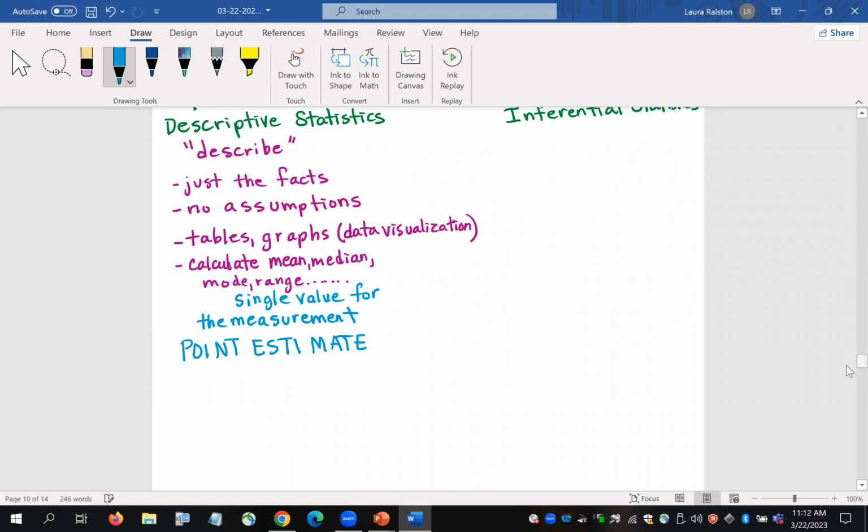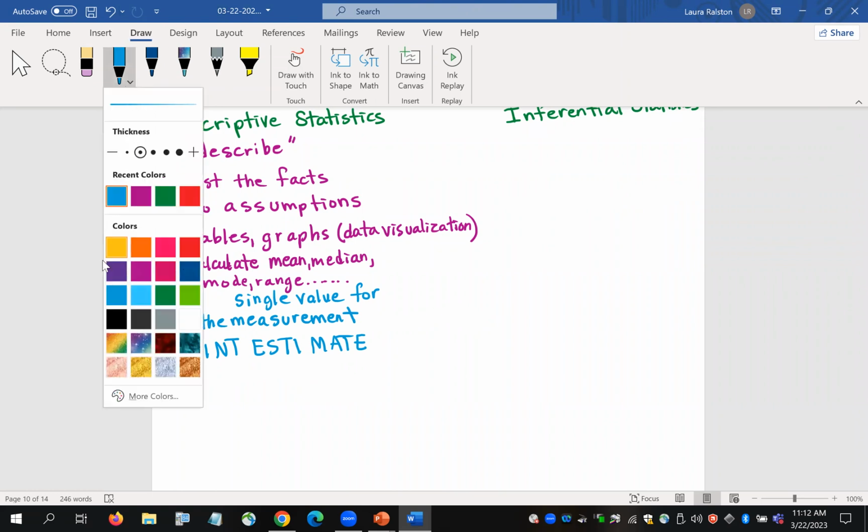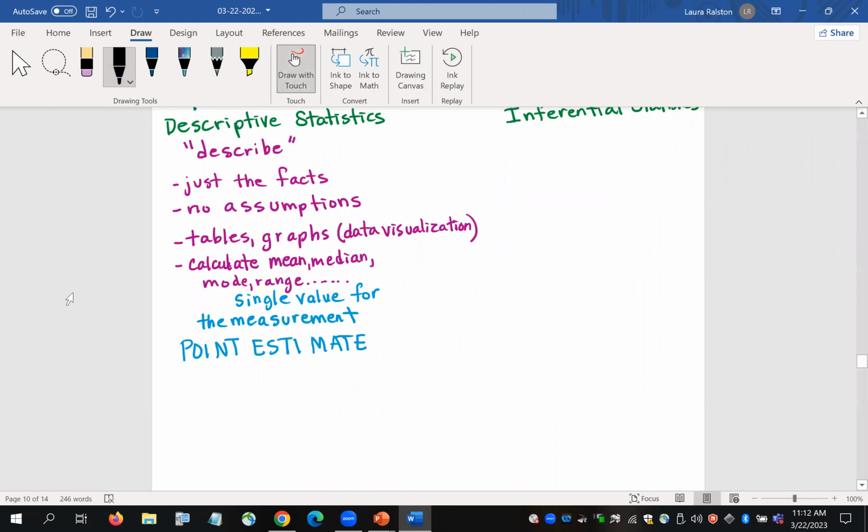But guys, here's kind of the challenge of using that point estimate. That point estimate is a single value, and you are hedging your bets that that single individual point estimate is the actual correct answer.